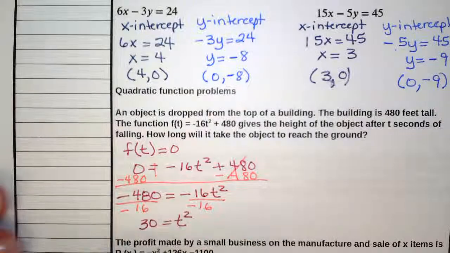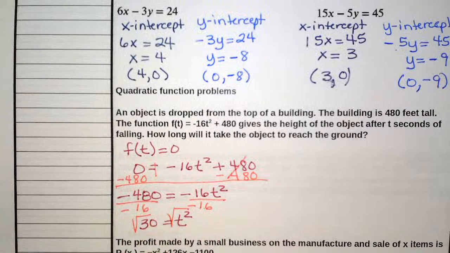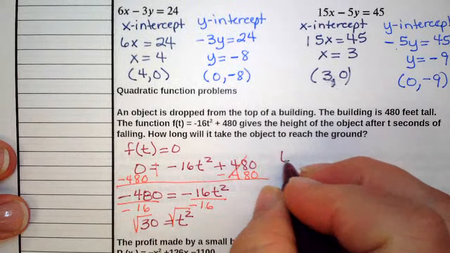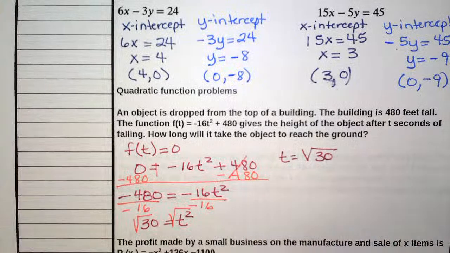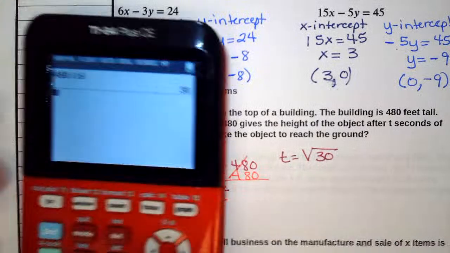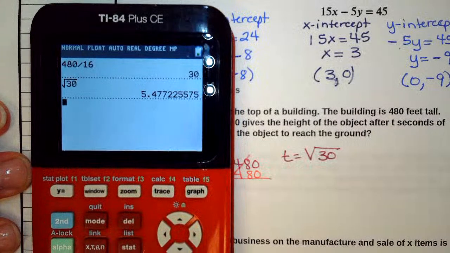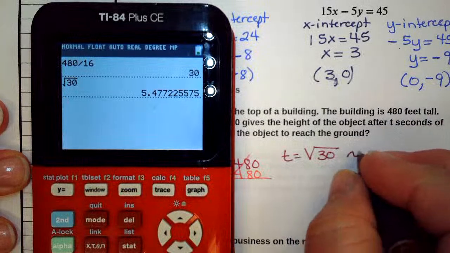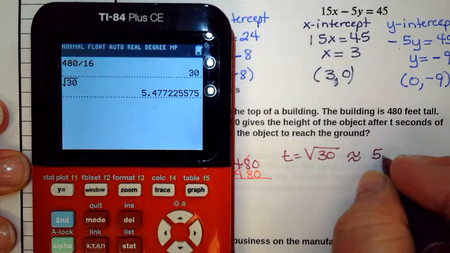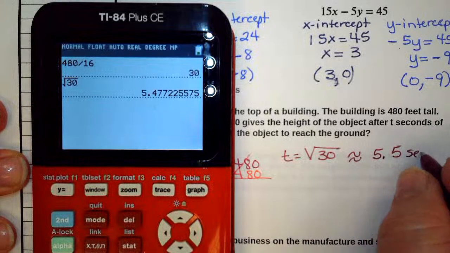Square rooting. t is equal to the square root of 30, and that is approximately 5.47. That would be approximately 5.5 seconds.